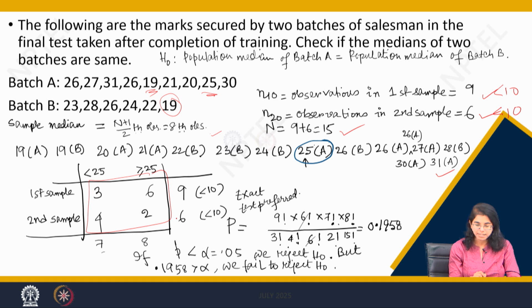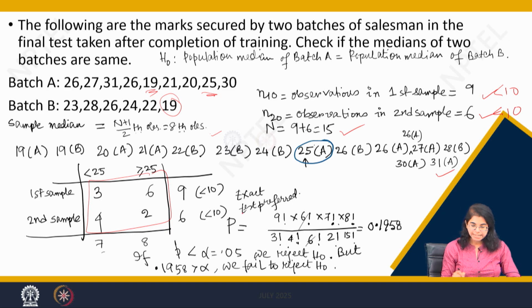Add 4 plus 2 is 6. Quite obvious because the first sample comprises 9 observations while the second one is holding 6 observations. And 4 plus 3 is 7. That in the combined sample, 7 observations are less than 25 and 8 observations are greater than or equal to 25.